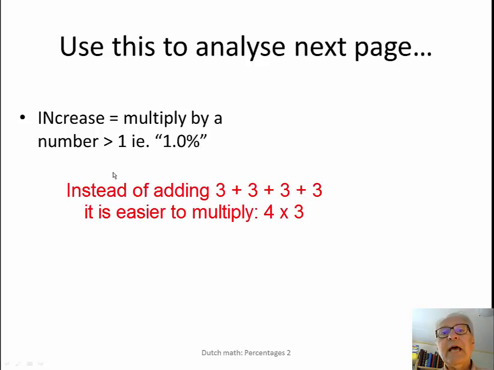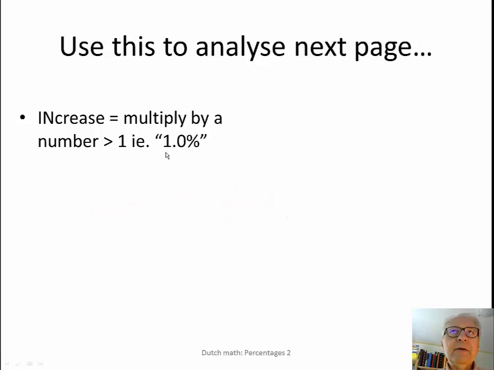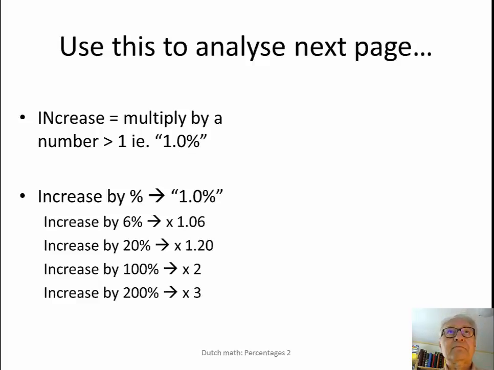But instead of adding, you can also multiply. And if it is an increase, you'll multiply it with a number bigger than 1. I write that down as 1.0%. And you will see in some examples what is meant by that.